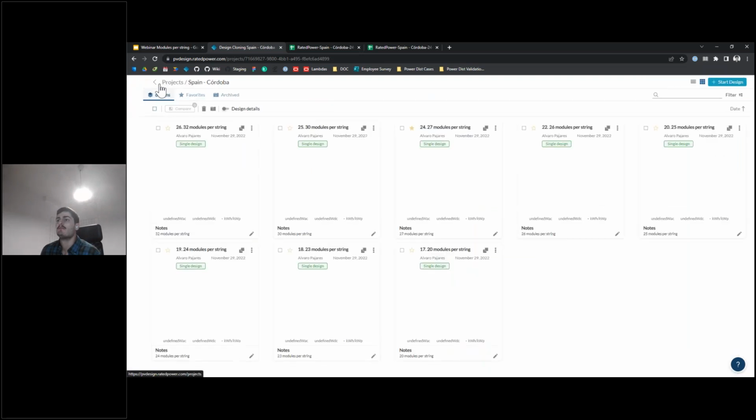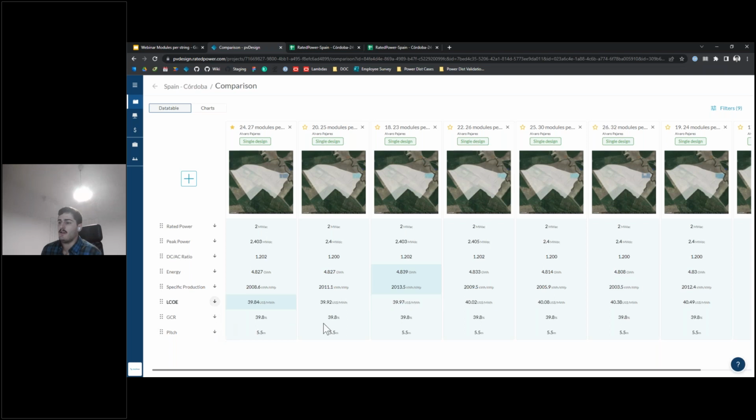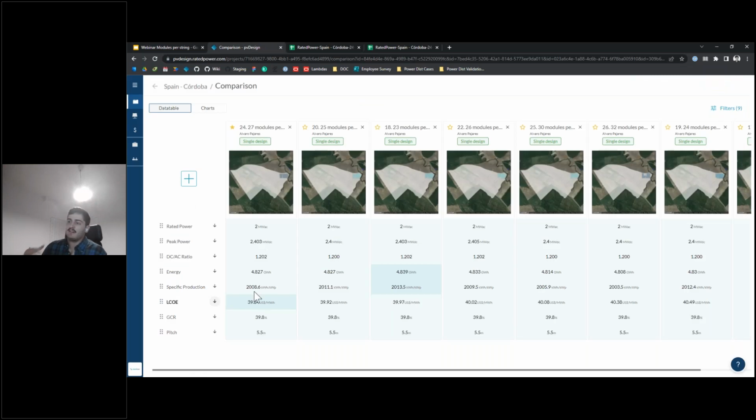So going back to the comparison tool, if we sort them by the LCOE, we will see that the best solution will be the design in which we had defined 27 modules per string, and it was something that we may have expected, as it's like an intermediate value between having the best solution in terms of low voltage DC system, in terms of reducing the number of cables that we are going to include, but also in terms of optimizing the production of the inverter.